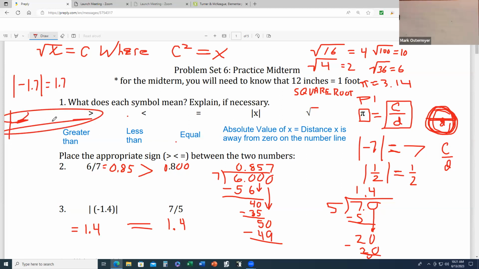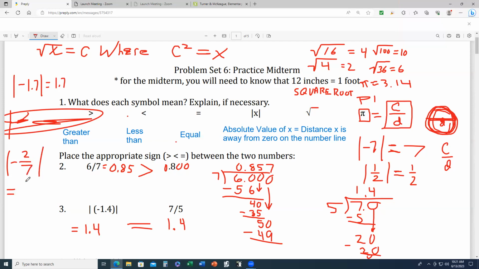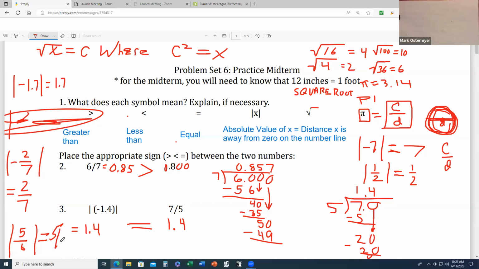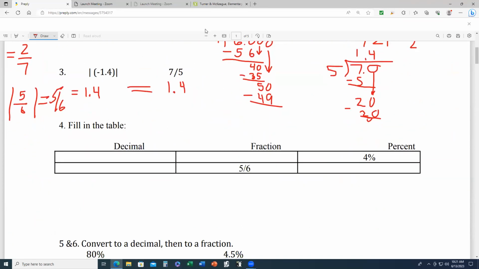The absolute value of negative 2 sevenths is equal to what? 2 sevenths. The absolute value of 5/6 is equal to 5/6. That's the way absolute value works. It always just reports the positive of the number.